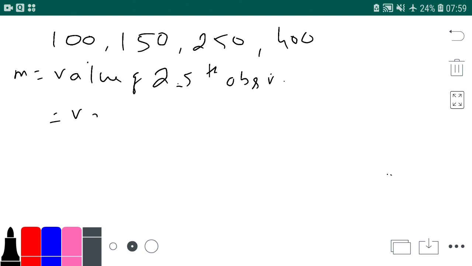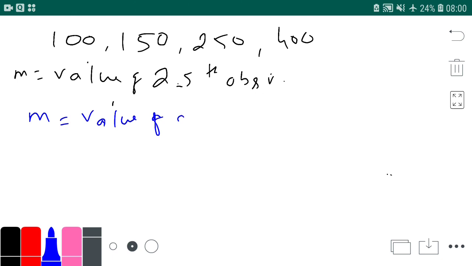Concentrate and pay attention to me. Value of the 2.5th observation is the value of the second observation plus, as I told you, if it is 2.5, make the two separate, so the value of the second observation plus 0.5. Now you have to multiply it by something.